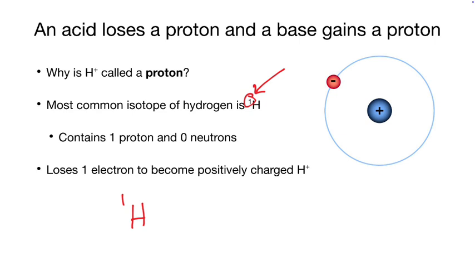What would get written in the lower left-hand corner? What gets written down here? Yeah, just the number of protons. So we could look at this and, if I wanted to figure out the number of neutrons, I could take my mass number, subtract my atomic number, I get 0, and I get 0 neutrons.